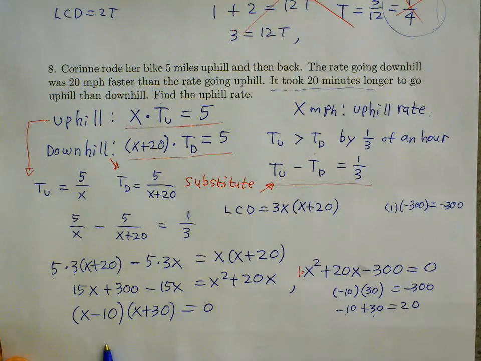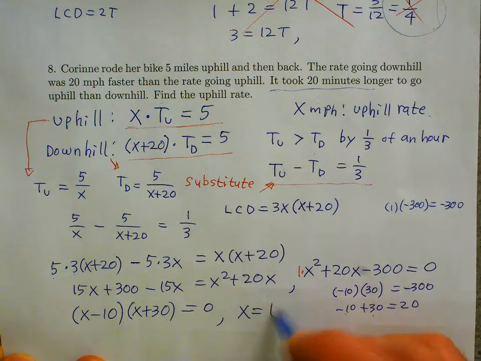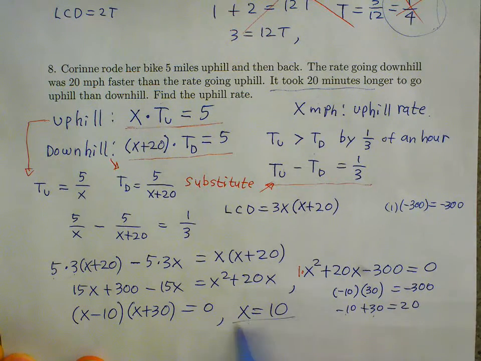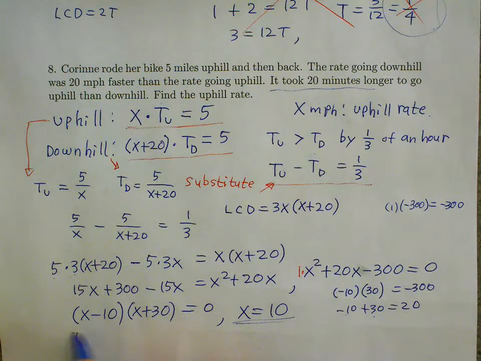The only solution that makes sense is the positive one, so x equals 10 miles per hour. Okay, we just have a few seconds left. So the uphill rate is 10 miles per hour. You can check to make sure that it makes sense.